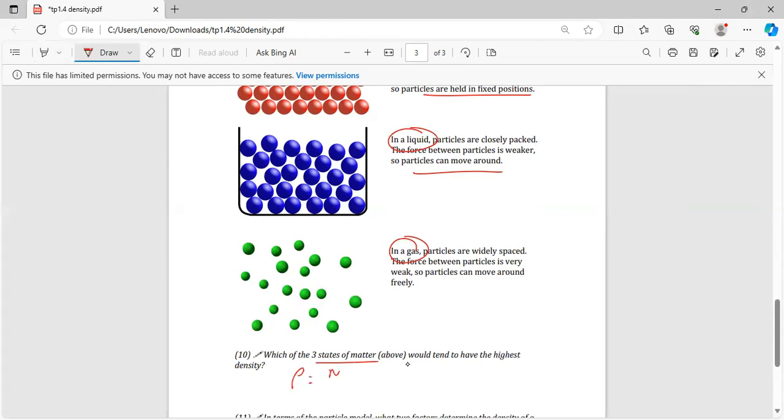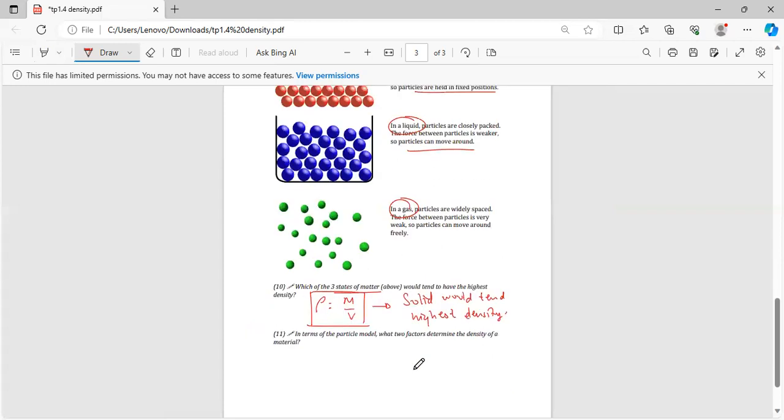So using this logic, we can see that solid will tend to have the highest density, right? It's because the solid contains more particles compared to the liquid and gas in the same volume. Yeah, that's the answer for number 10.